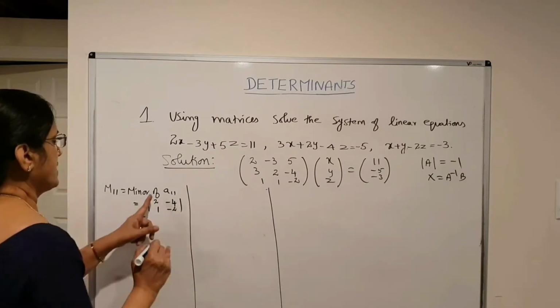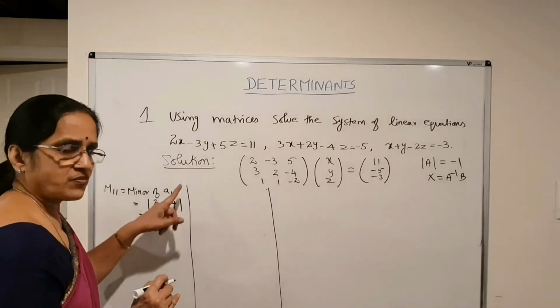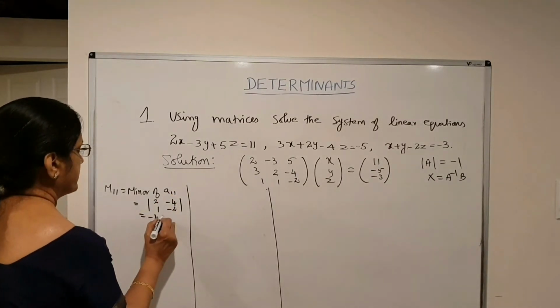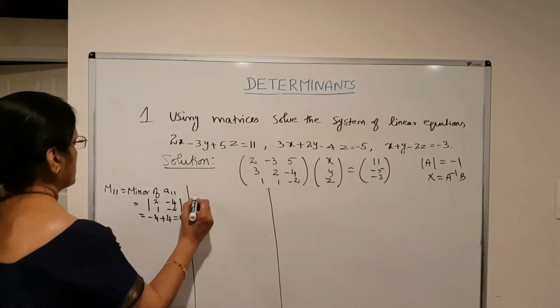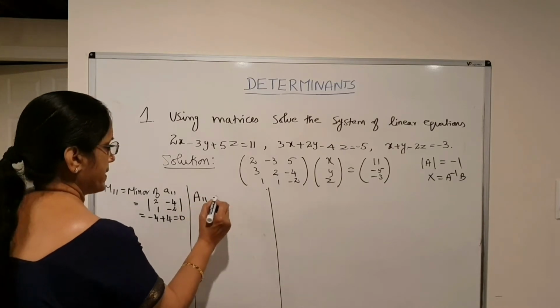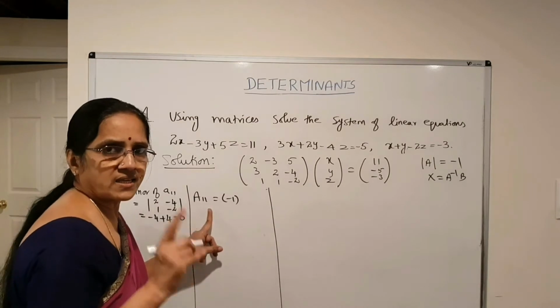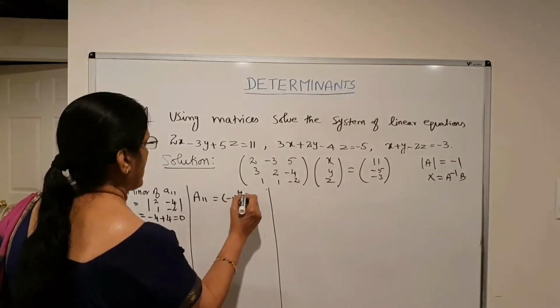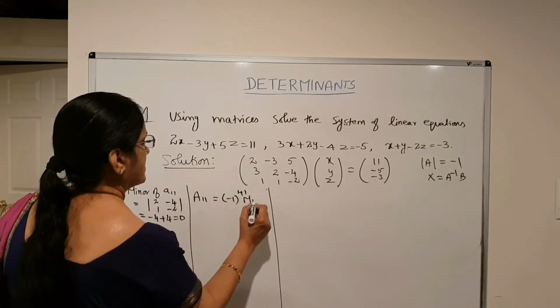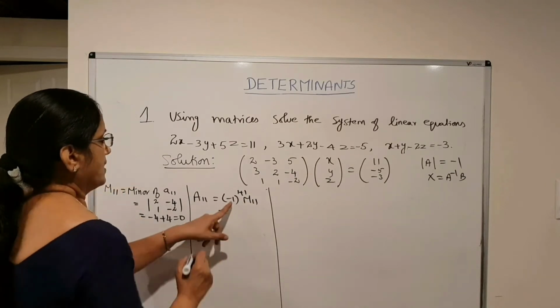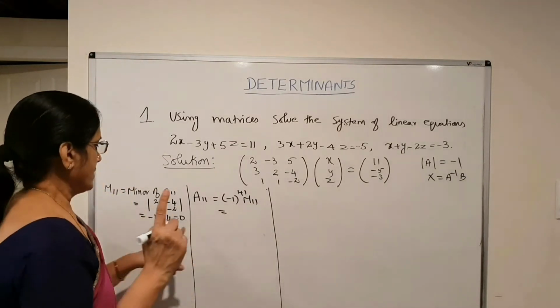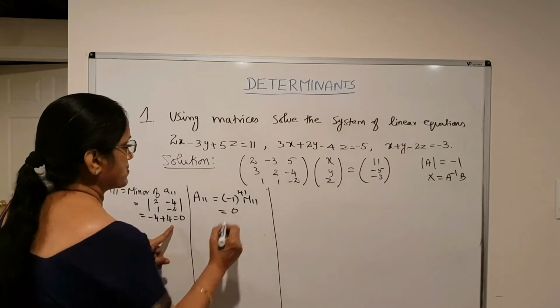Which is going to be minus 4 plus 4, 0. So corresponding cofactor will be minus 1 to the power i plus j. Both i and j are 1 and 1. So minus 1 to the power 1 plus 1 into M11. This is nothing but minus 1, the whole square is 1, and M11 is 0. Anyway, it is going to be 0.